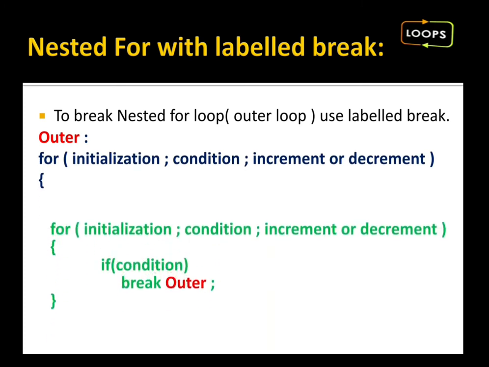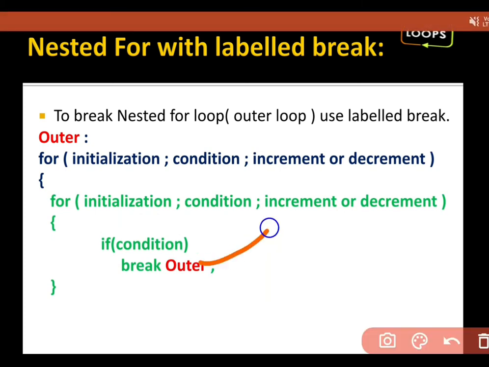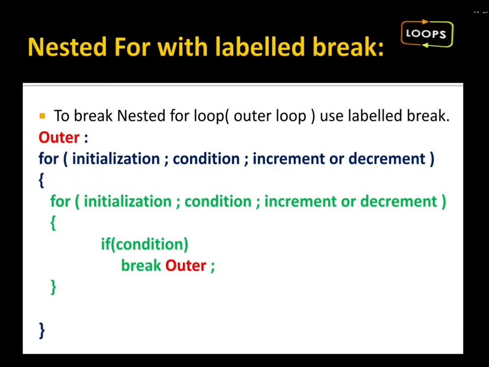Now this is the outer loop, and this one is the inner loop, and from the inner loop I'm having a condition and I'm using break outer so that I can break the outer loop from the inner loop. See, in this way, it is the syntax for using label break inside a for loop.